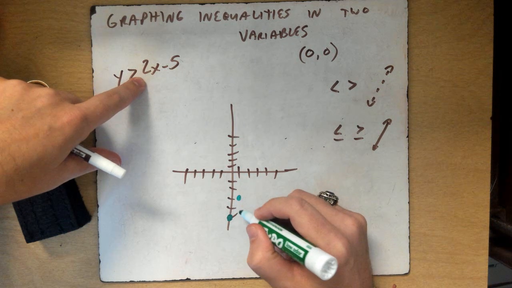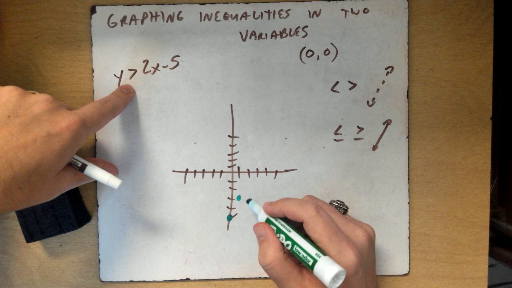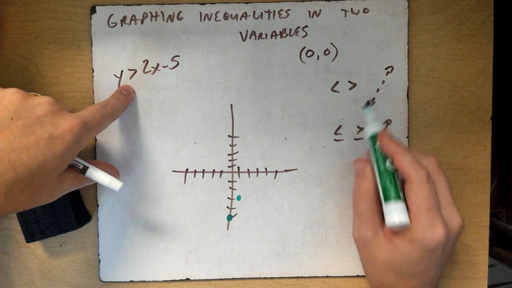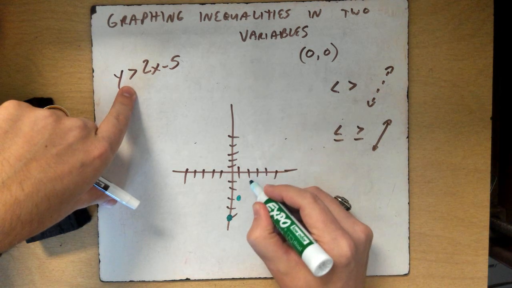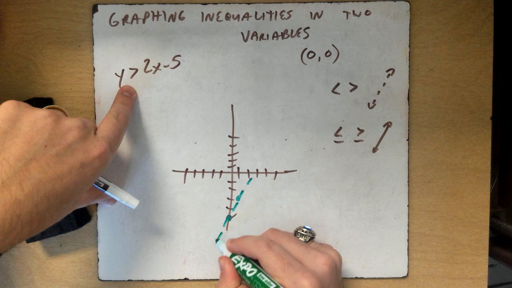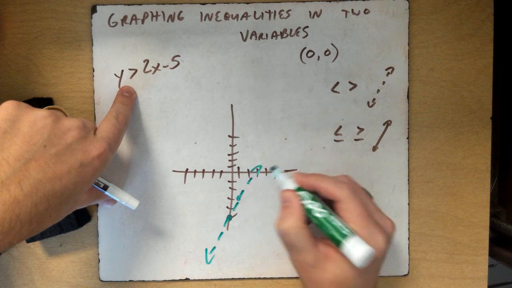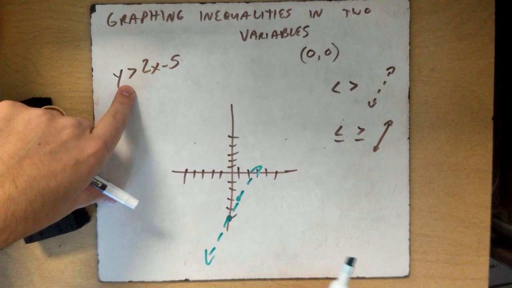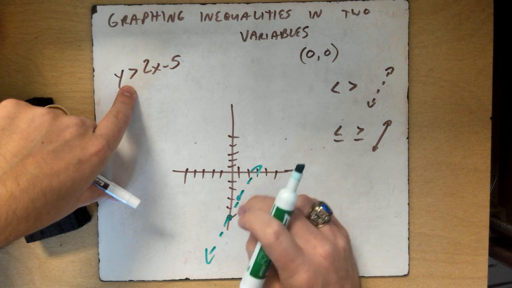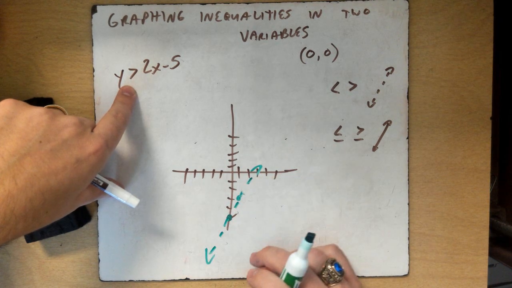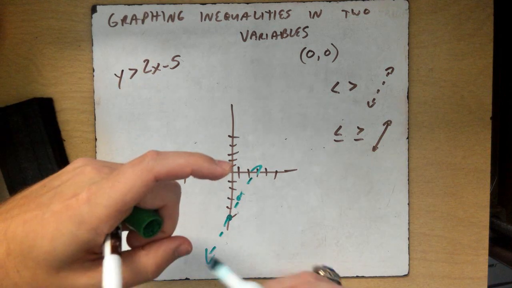Look at this inequality. It's greater than, no line, dashed. So I have a dashed line. Alright, now we'll plug in 0, 0.